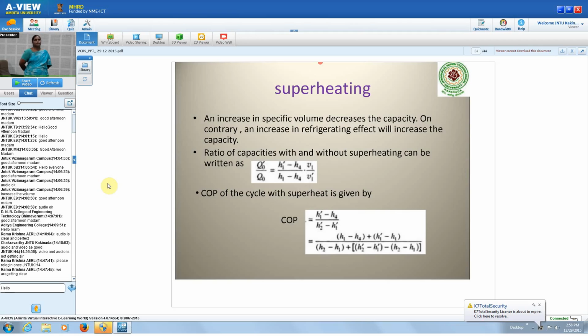Here the actual COP is H1 dash minus H4 by H2 dash minus H2. With the modified cycle, the increase in the refrigerating effect is H1 dash minus H1, and similarly the work input also increases. So if the numerator increase is more compared with the denominator increase, then COP increases.